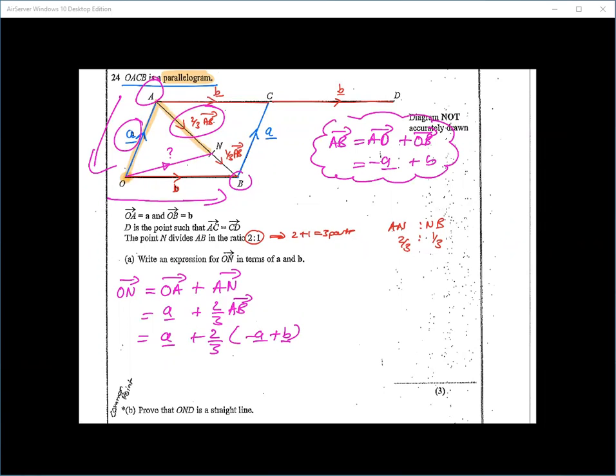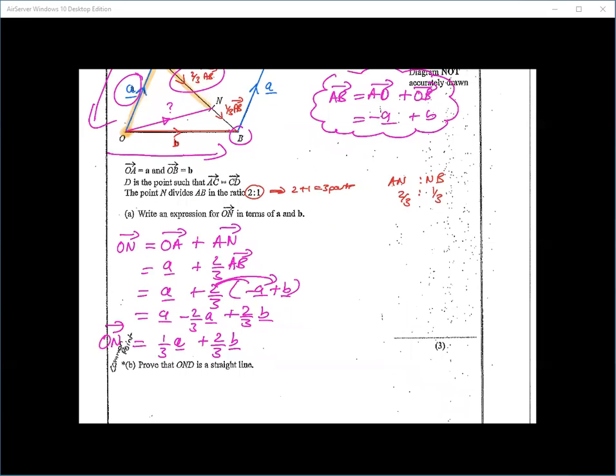Just find some space and do it there. So we have A. Multiply the brackets for me, please. 2/3 minus, and then add 2/3 B. Which equals, what's 1A minus 2/3 A? 1/3 A. Add 2/3 B.